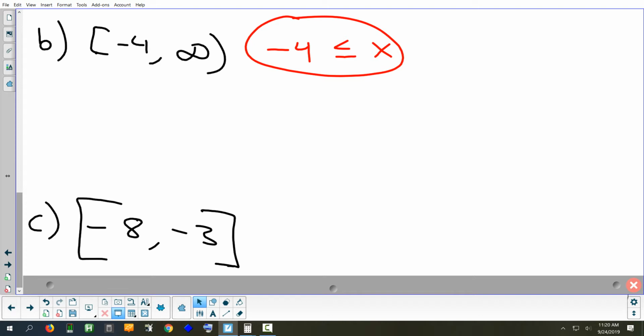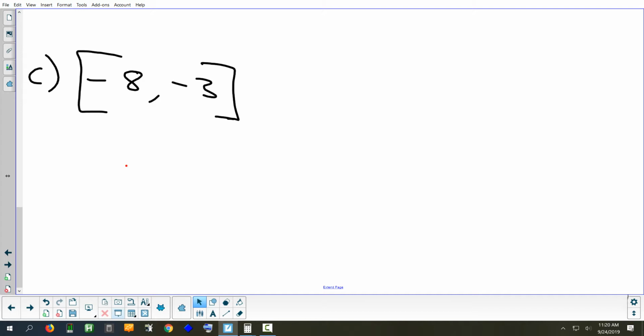But you can say both too. That's fine. So now let's write that as an inequality. How about Vinny? Could you tell me how to write that one? -8 is less than or equal to x, and it is less than or equal to -3.